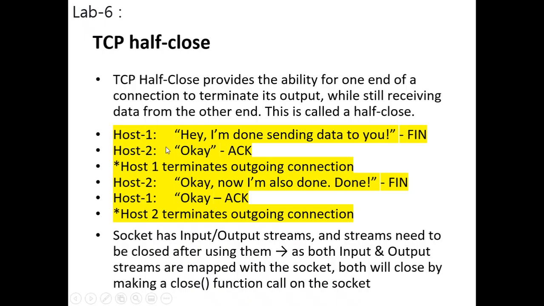If we see this example, the first host says, hey, I'm done sending data to you, which means I don't want to send any more data, and then we make a TCP half close right here. And then host 2 says, okay, then just wait for me to terminate. Host 1 terminates the outgoing connection but not the ingoing, and then host 2, after sending some data, says, okay, I'm also done. And after this, the overall socket would be closed.